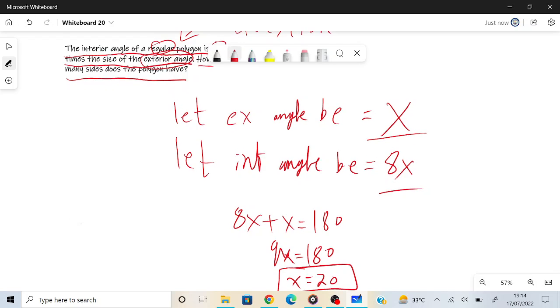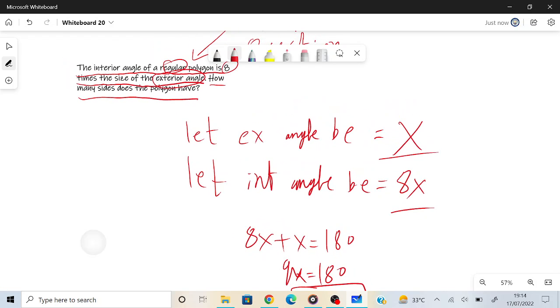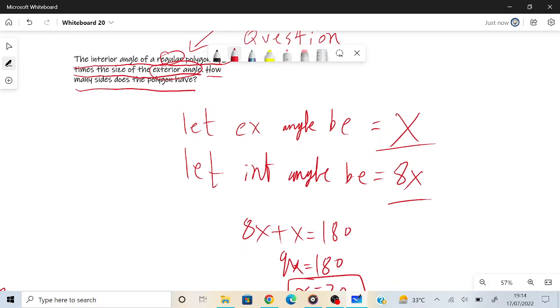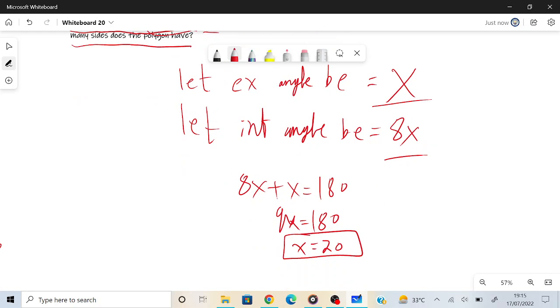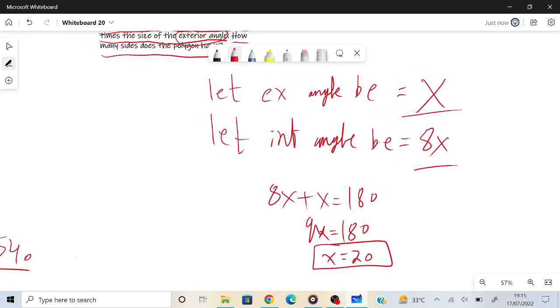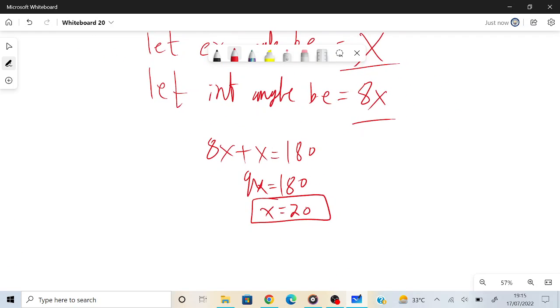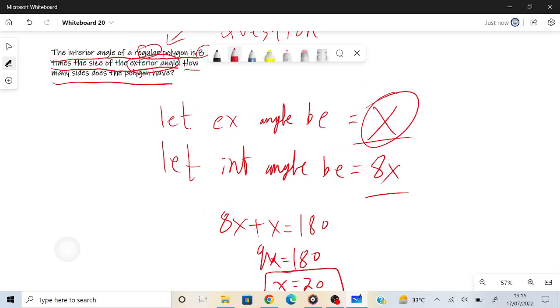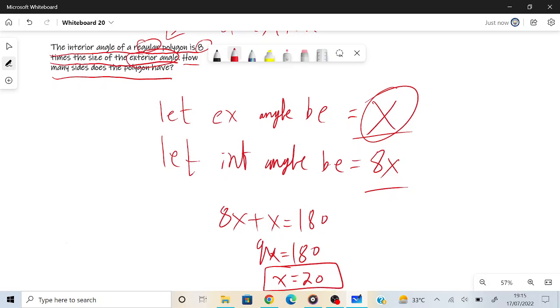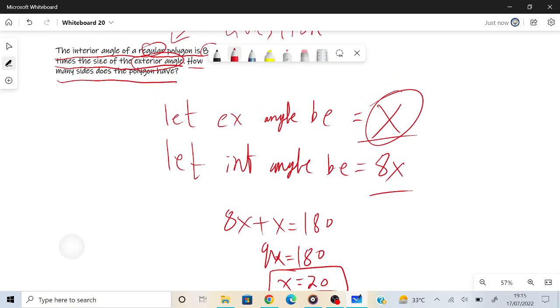And because I have 20, this is simply the exterior angle, sorry. 20 is simply the exterior angle because we found x, and x is 20.